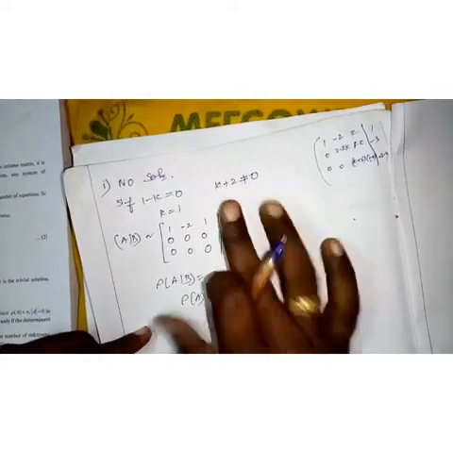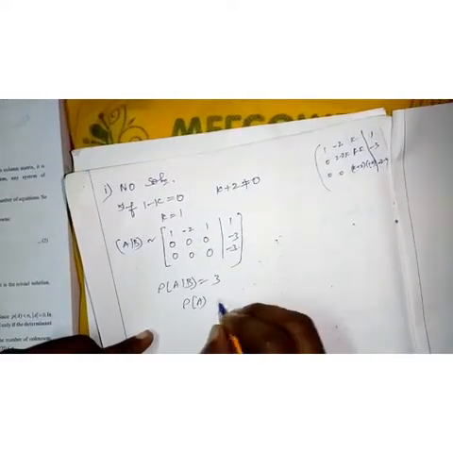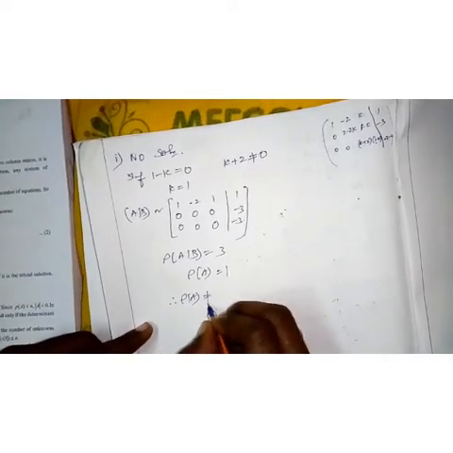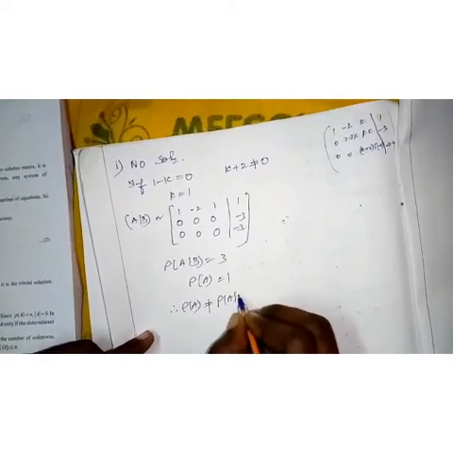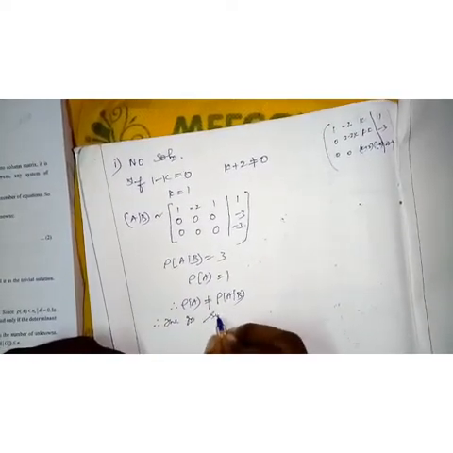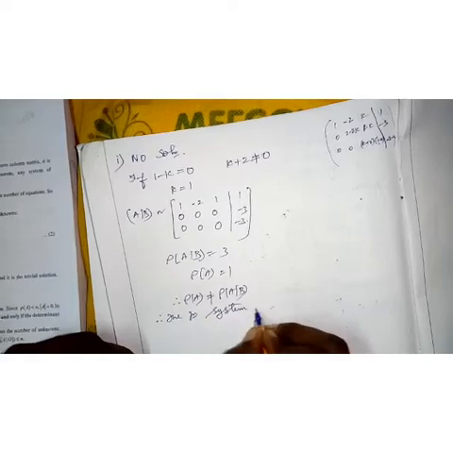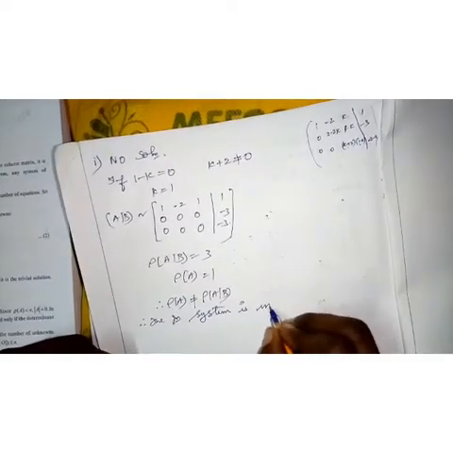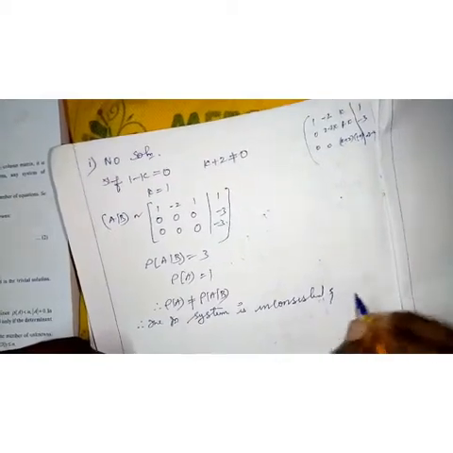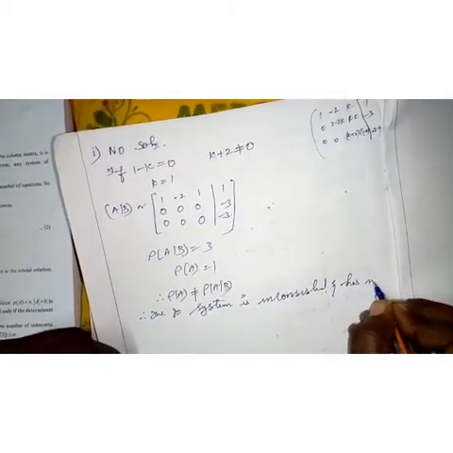Rank of A is 1. Therefore rank of A is not equal to rank of A bar B. Therefore the given system is inconsistent and has no solution.